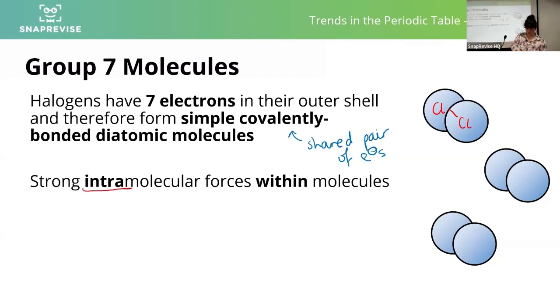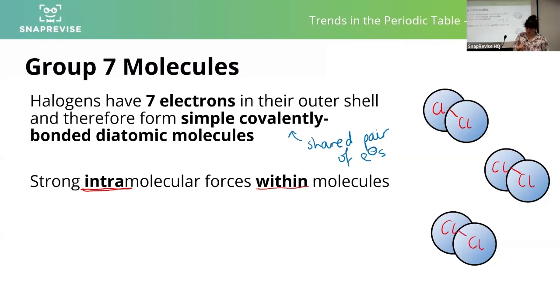So they have strong intramolecular forces. If you are at university, you may have intramural sports or intra-house competitions, and that is within your house or within your department. So intramolecular means within molecules. These intramolecular forces or bonds are, in this case, covalent, between our chlorine atoms.